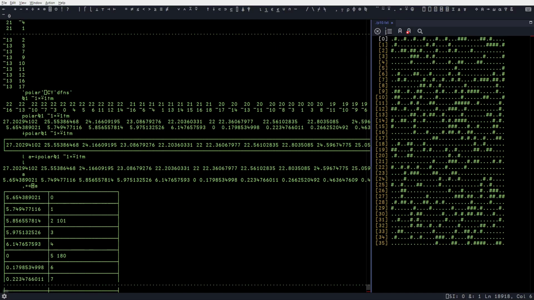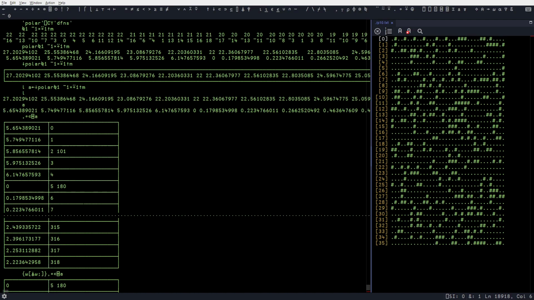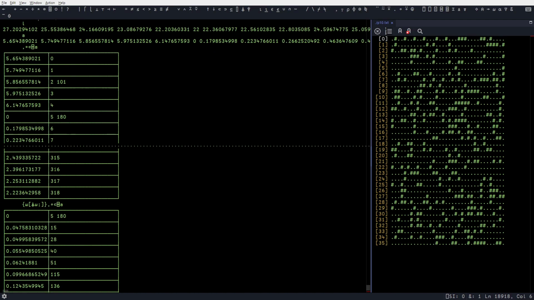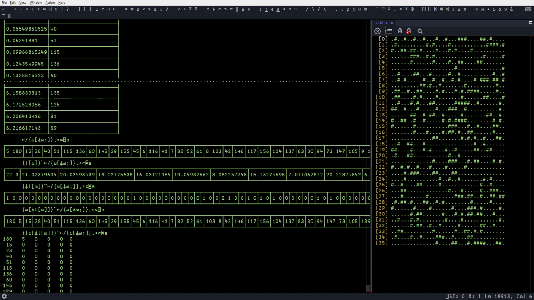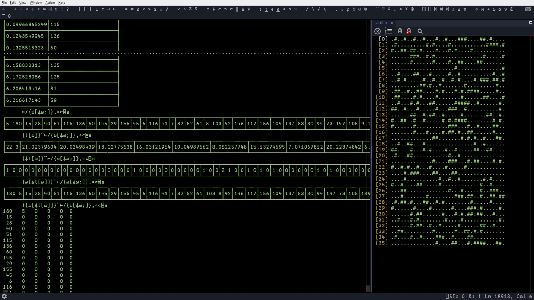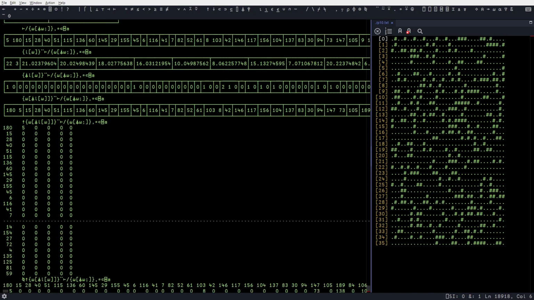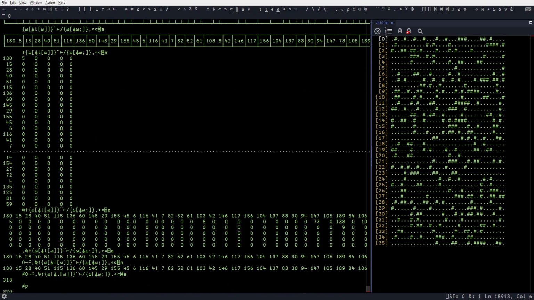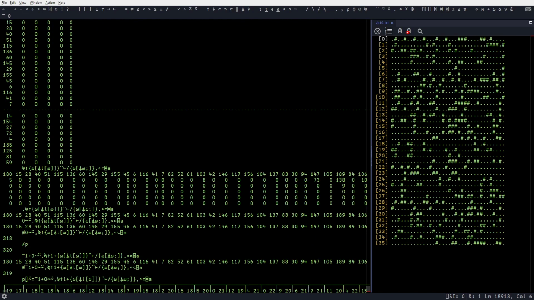So out of the polar coordinates, we got length and angle. We grouped the list of coordinates by angle. We sorted by angle. For each group, we sorted by length. And then we put it all into a matrix. And by transposing, it allows us to pull everything out in row major order.